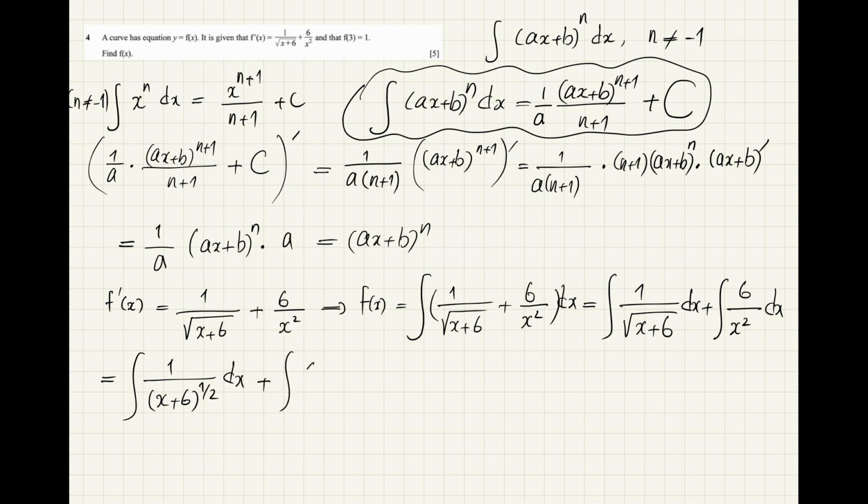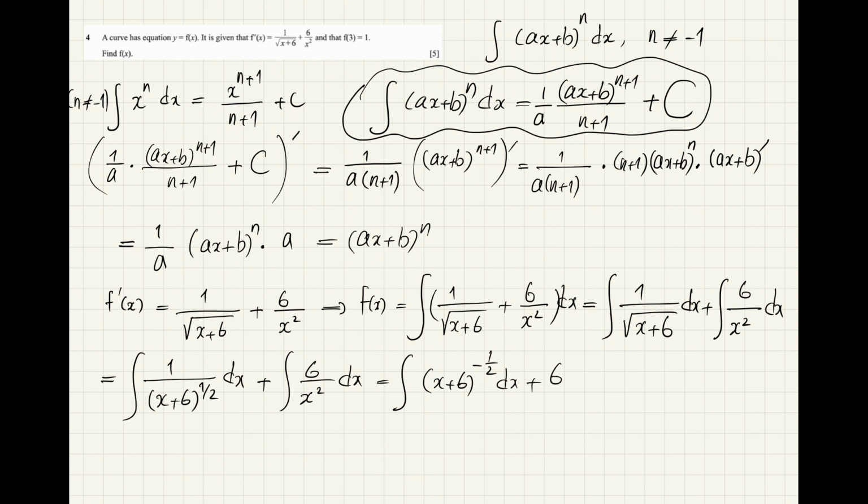I can just do them simultaneously. So let me write this one again as it is. And now I move everything in the denominators to the numerators. So this becomes the integral of (x + 6) to the power of minus 1/2 dx plus 6 is a constant.